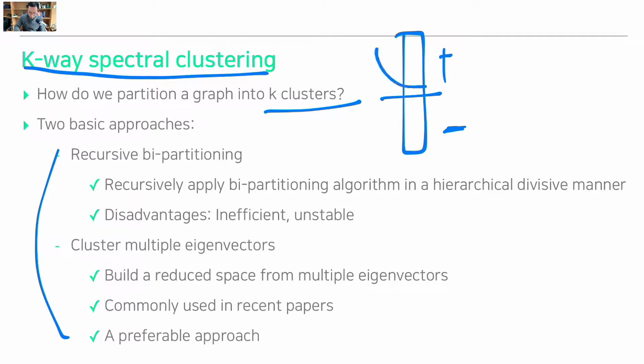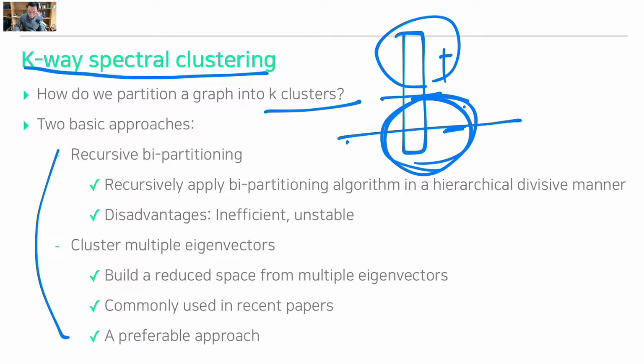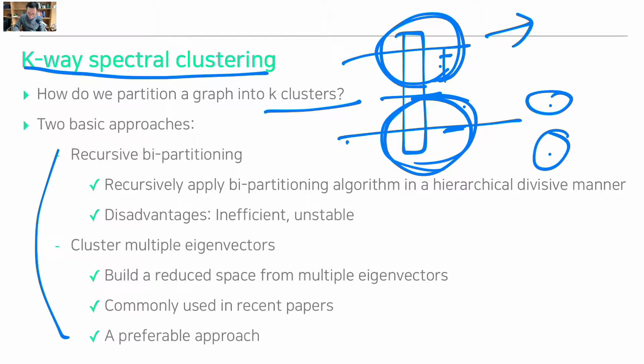We were able to find two partitions, and then from these partitions, we run the spectral clustering. You are able to get the two partitions once again. In this case, we have three partitions as output, and we may run the spectral clustering on these partitions, and we get two. With this way, we get the K number of the clusters.